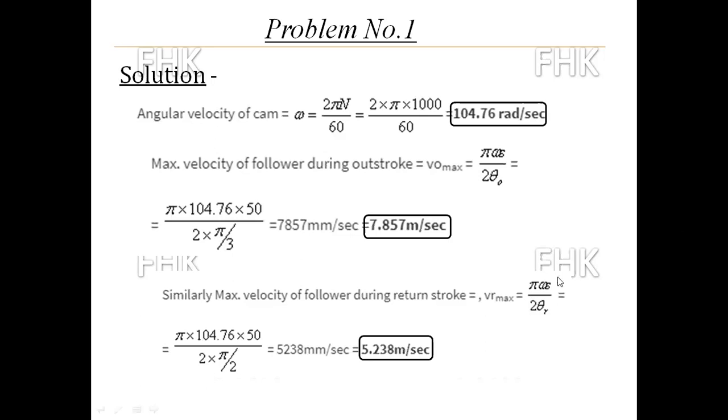So write minus pi omega s divided by 2 theta return stroke: pi, omega 104.76, into s displacement 0.050 in meters, divided by 2 into theta return, given as 90 degrees, that means pi by 2 in radians. After calculating, you will get 5.238 meter per second.